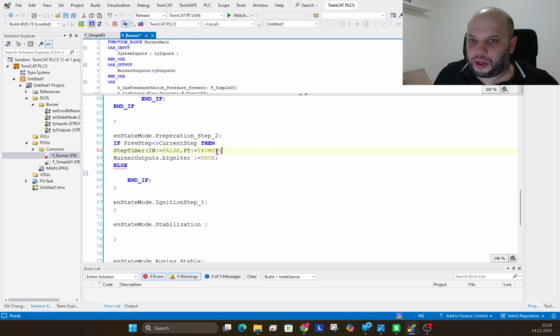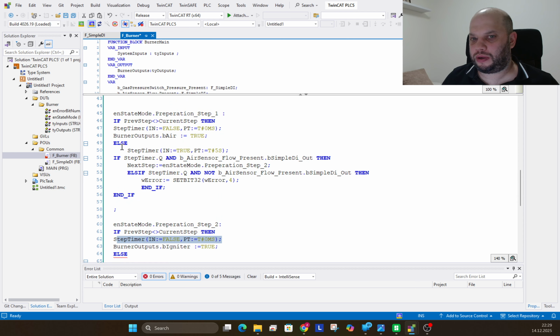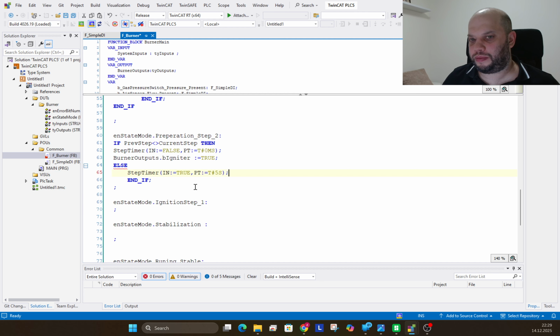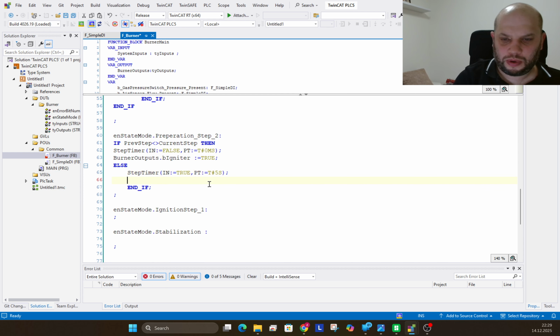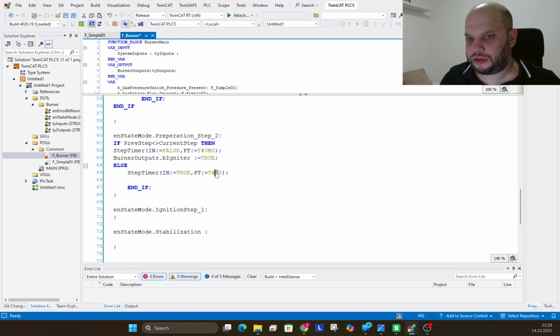So yeah, now let's activate the igniter. Let's use again the timer. I think 5 seconds. It will be like 100 milliseconds.